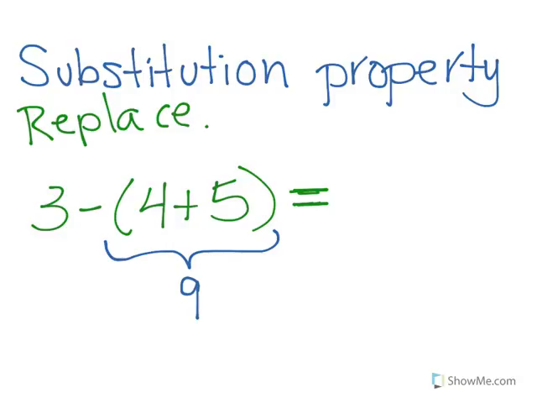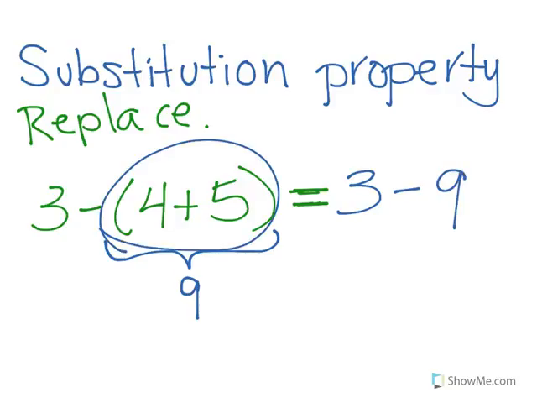So 3 minus (4 plus 5) is equal to 3 minus 9. So we substituted the value of 4 plus 5 with the actual value, which is 9. This is a property of the equal sign: you get to substitute, and equality is maintained. And that's it.